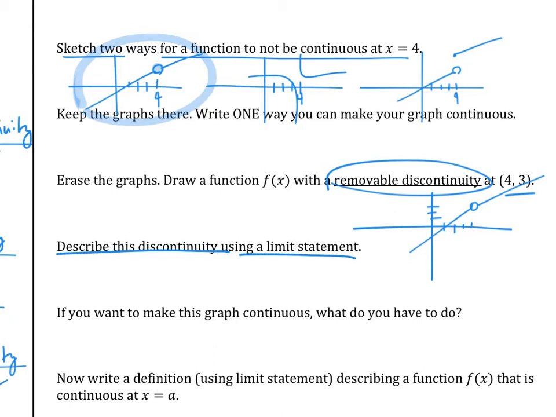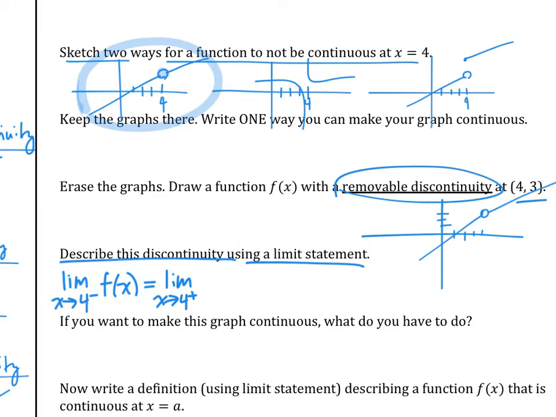The limit as x goes to 4 from the negative side of this function is equal to the limit as x goes to 4 from the positive side of this function, and that is also equal to the limit as x goes to 4, and they all equal 3.